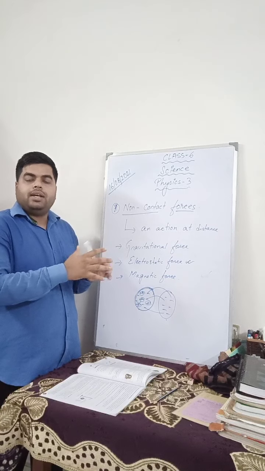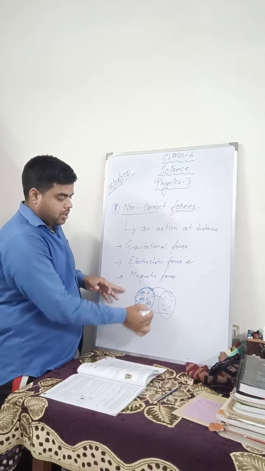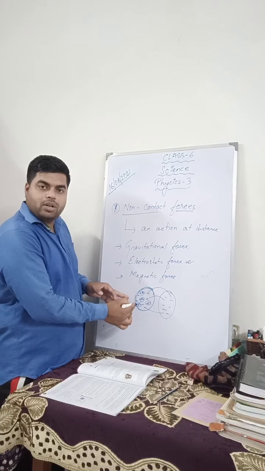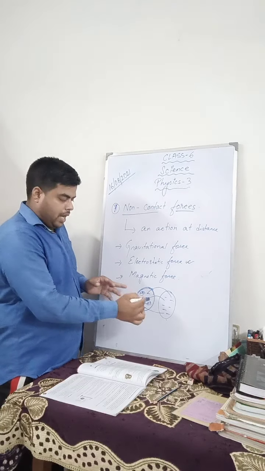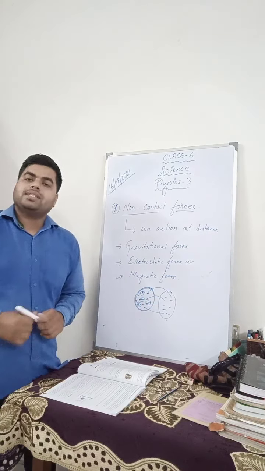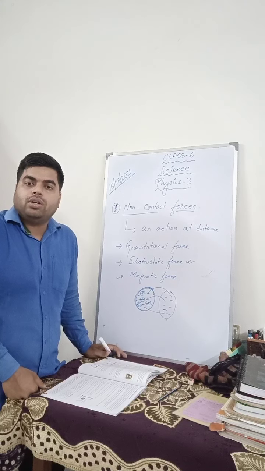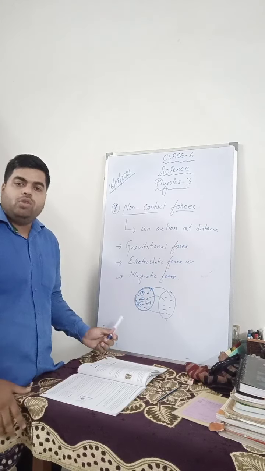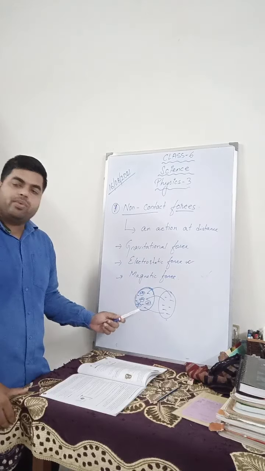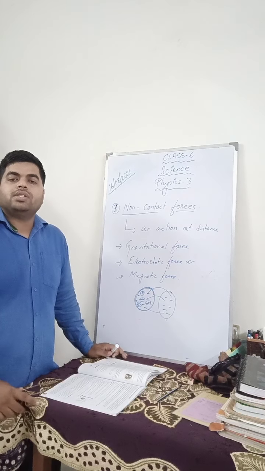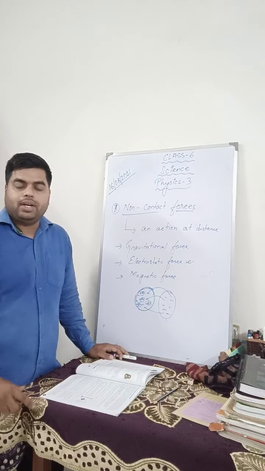In the beginning, this atom will have more protons, so it will be positively charged, and the other atom will have more electrons. Why? Because they have already been transferred. So one will be positively charged because it has more protons, and one will be negatively charged because it has gained electrons.